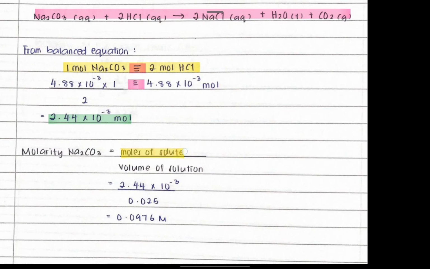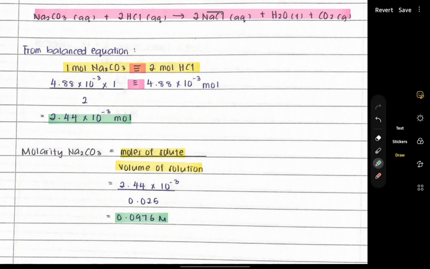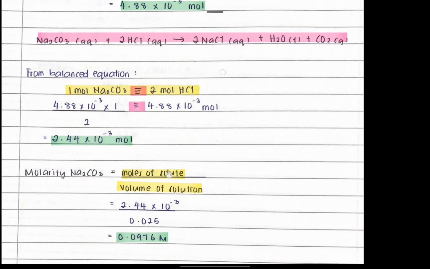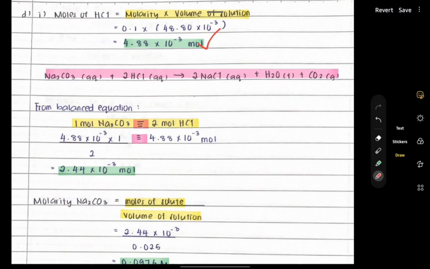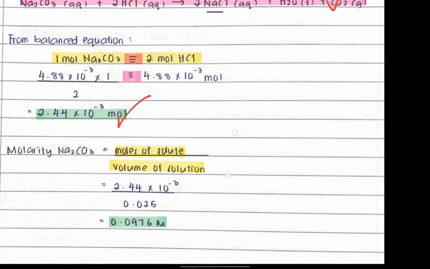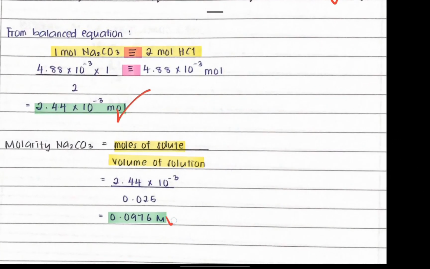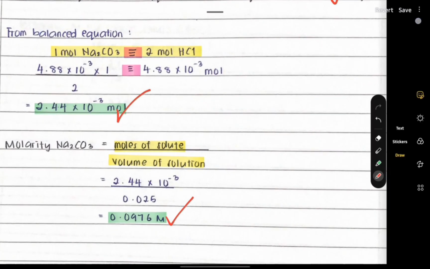Now we can substitute the values into the formula of molarity. The final answer is 0.0976 molar. For the marks allocation, 1 mark for moles of HCl with the correct unit, 1 mark for the balanced equation, 1 mark for the moles of Na2CO3 with the correct unit, and 1 mark for the final answer with the correct unit.